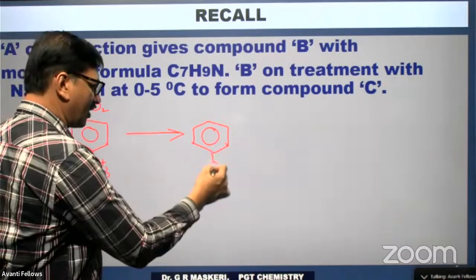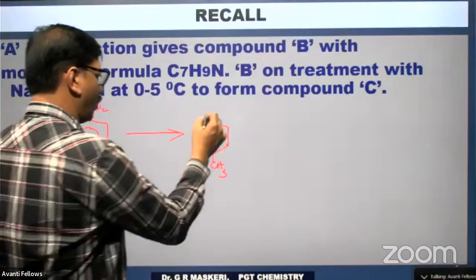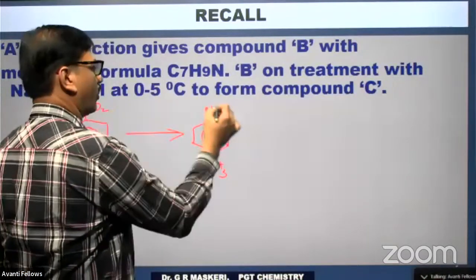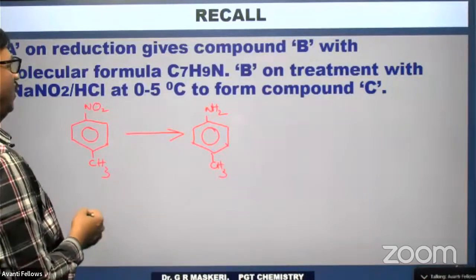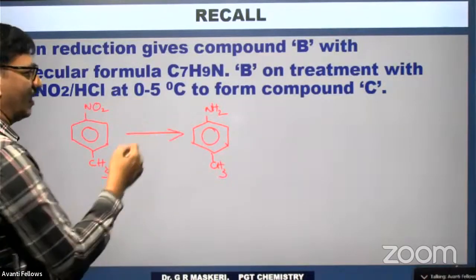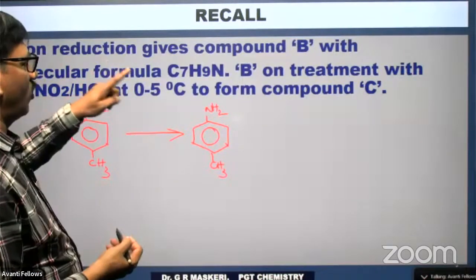So the methyl group is not undergoing reduction, and the benzene ring doesn't undergo reduction. Only this group undergoes reduction. Therefore, it could be NH2, right? So this gives aniline, or 4-methyl aniline. So tally with the molecular formula always.